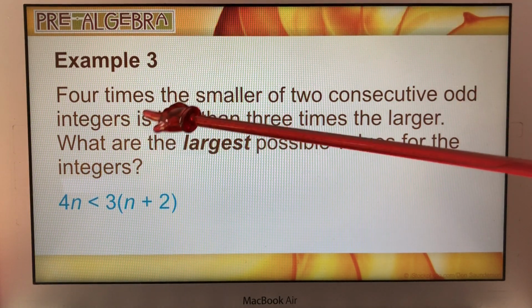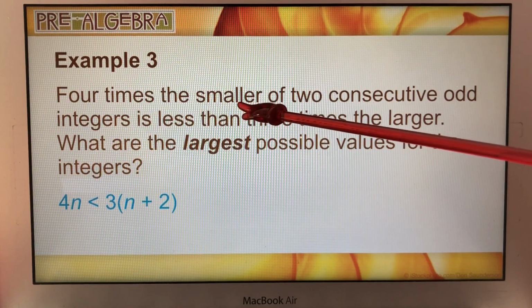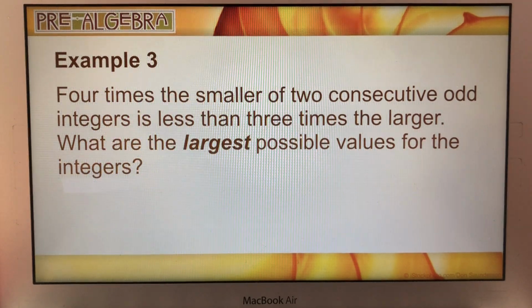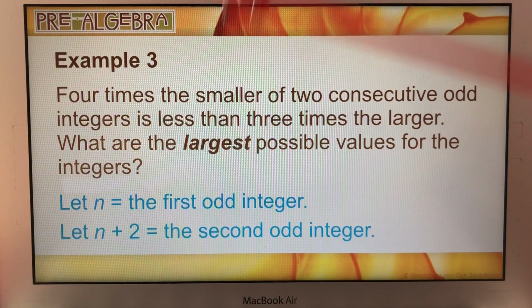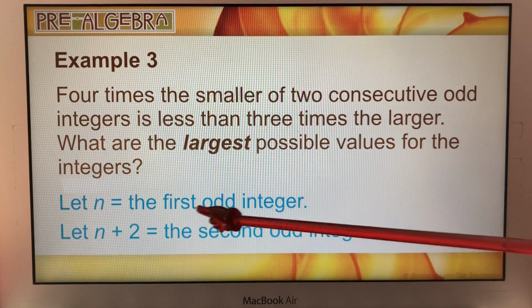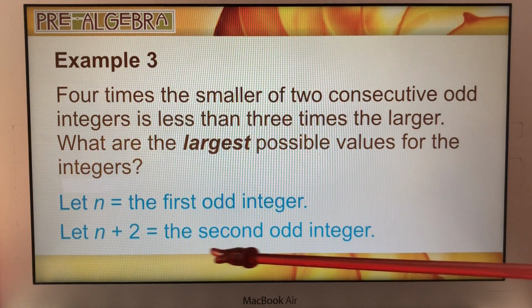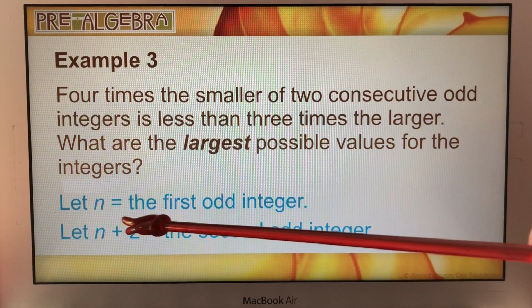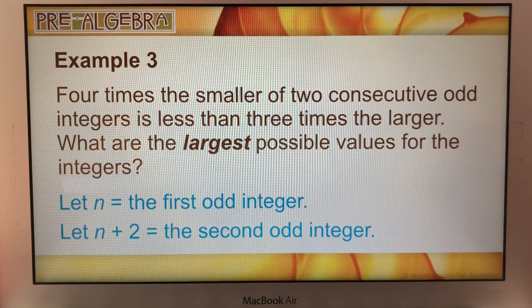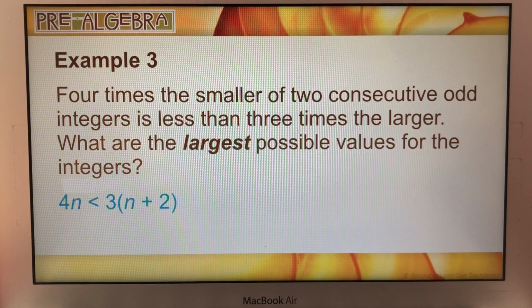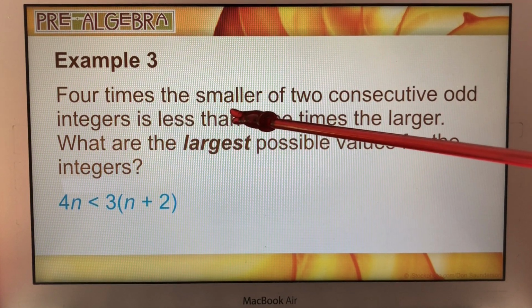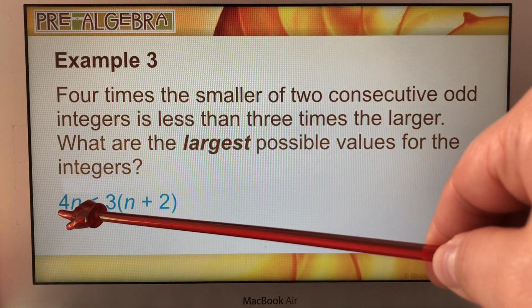Now, it says 4 times the smaller. Okay, so if we take a look at this again, n is the first odd integer. That's the smaller integer. n plus 2 is the second odd integer. That's going to be the larger integer. So 4 times the smaller is going to be 4n.